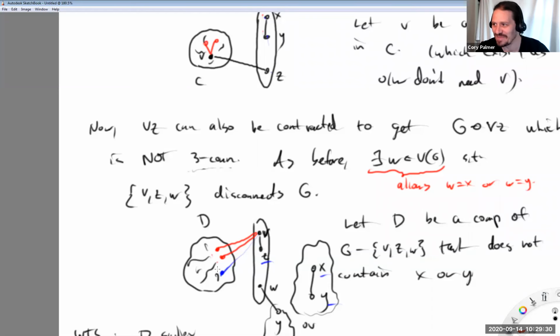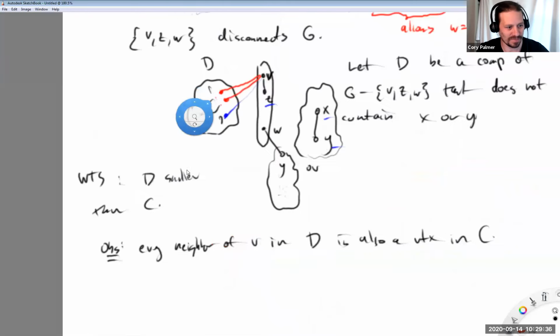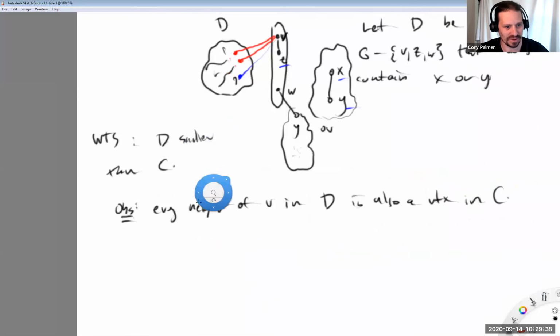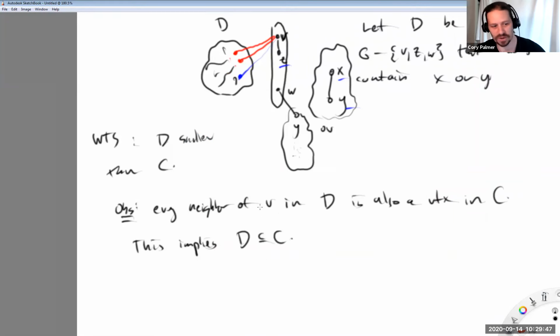Because if I can escape from this component, and then I can escape from this one too, then it's not a component, okay? So, all right, yeah, sorry, maybe that's a little hand wavy, but this implies that D is contained in C, right? There's an extra step here. It's not just all the neighbors, but everything reachable is the second step of the argument. Okay, so great. D is a subset of C.